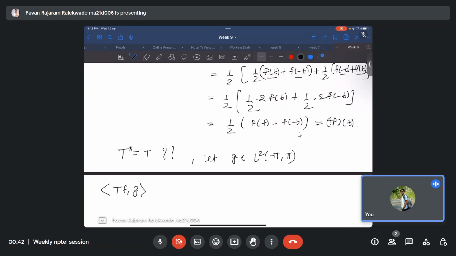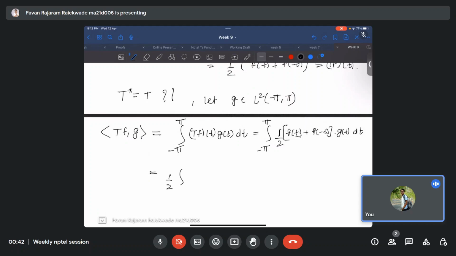The inner product of Tf with g is the integral from minus pi to pi of Tf at t times g(t) dt, which is half times f(t) plus f(minus t) times g(t) dt. Taking half outside, this is half the integral of f(t)g(t) plus half the integral from minus pi to pi of f(minus t)g(t) dt.